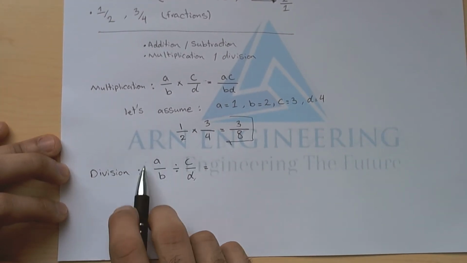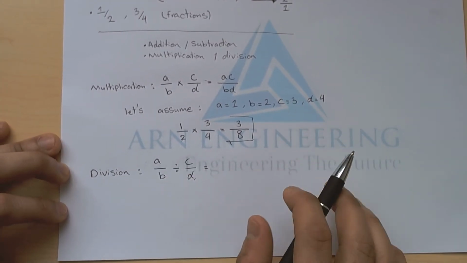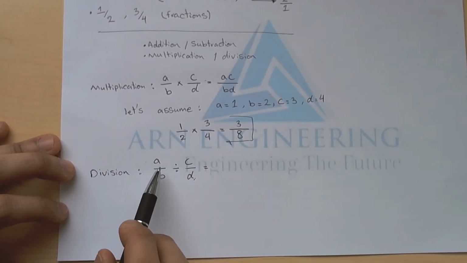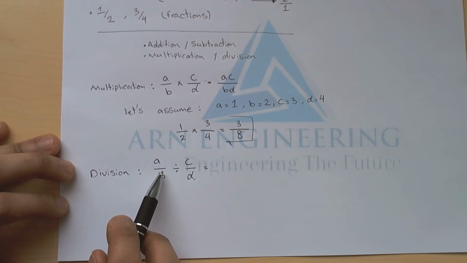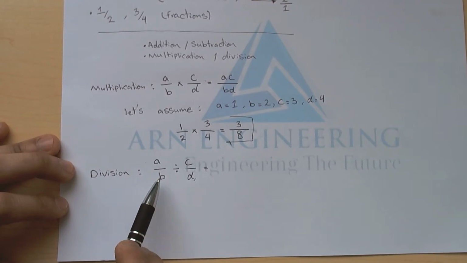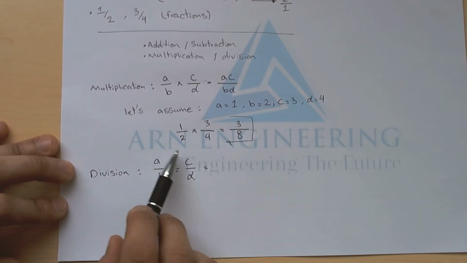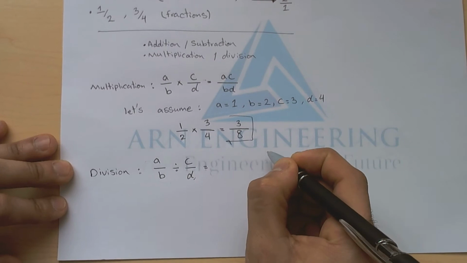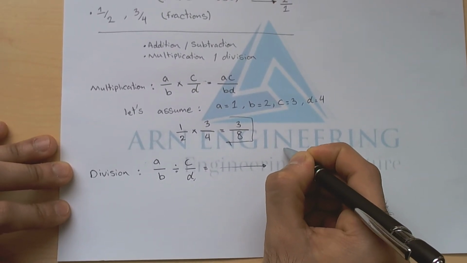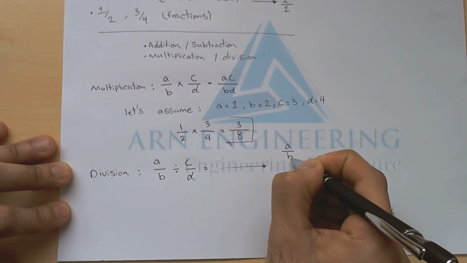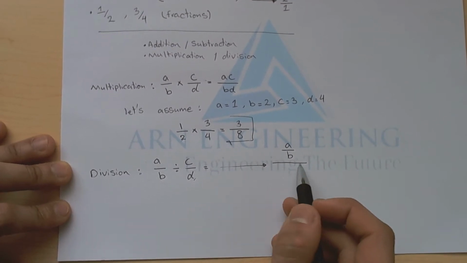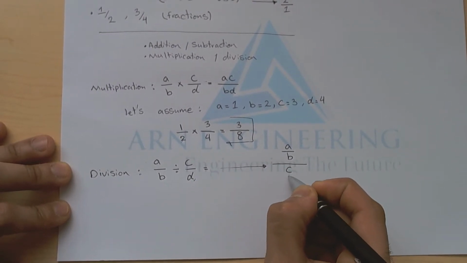So change this to a form of a bigger fraction. Now, fractions by nature are a form of division. When we say a over b, we are basically saying a divided by b. So we can rewrite this as a over b, now that's a division, so we do a larger fraction, larger division, divided by c over d.